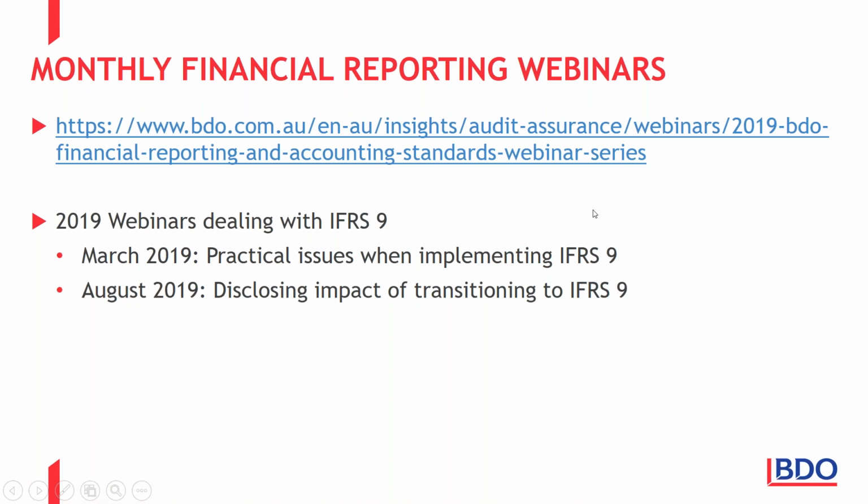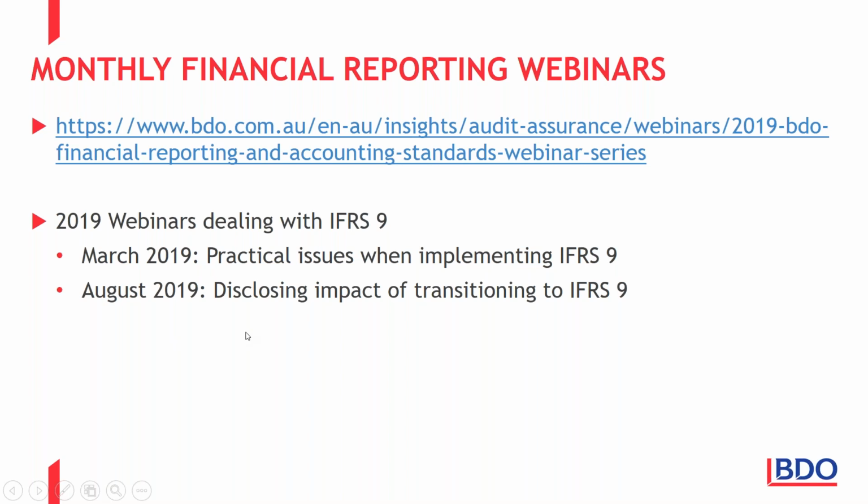And this month, we're looking at disclosing the impact of transitioning to IFRS 9, because we know for entities with a 30 June year end, 30 June 2019 would be the first time they've adopted and implemented IFRS 9, and now they have to also comply with these additional or changed disclosure requirements.